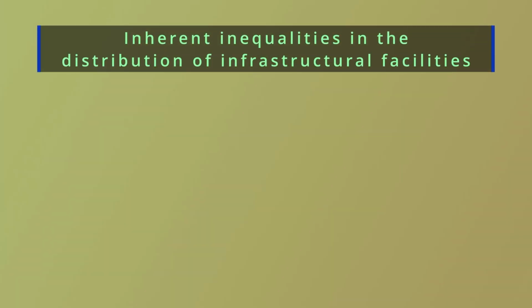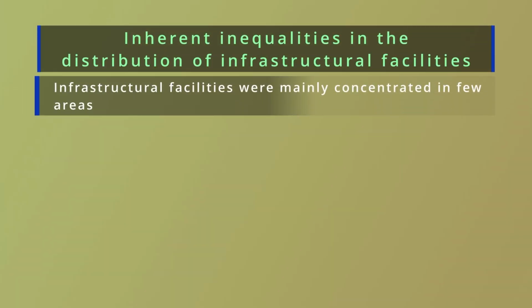Now, what is more important is that there was an inherent inequality in the distribution of infrastructural facility during that time period. That means the infrastructural facility was concentrated only in a few states, in a few areas.